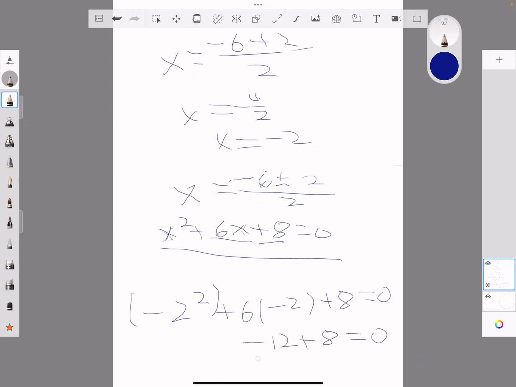So it's going to be positive 4, and then since we can simplify this, this is going to be -8 plus 8. 4 minus 12 is -8, and -8 plus 8 is going to be 0. So that's one of the answers, right? Next.